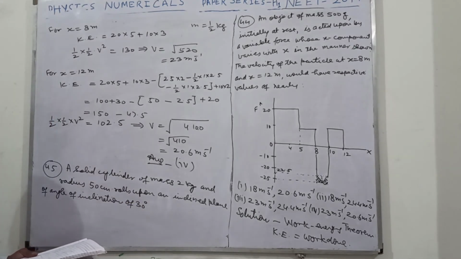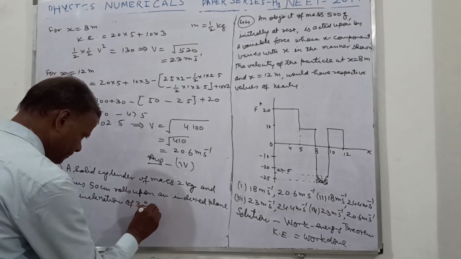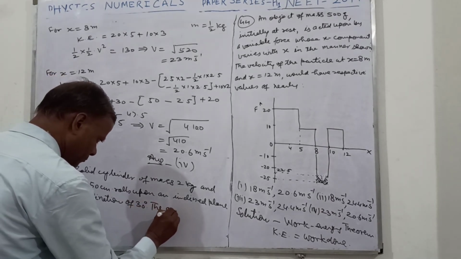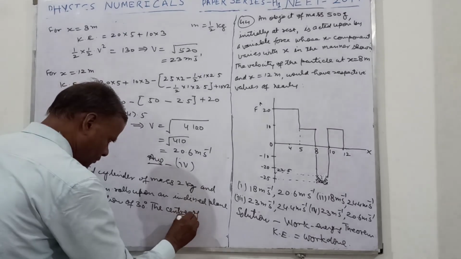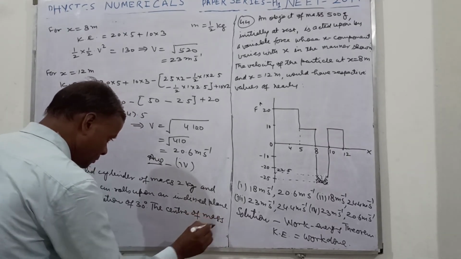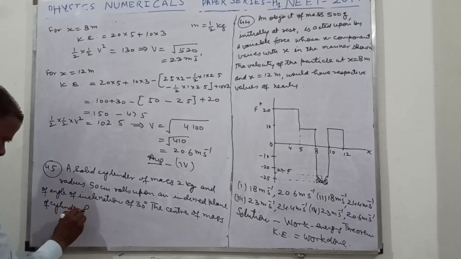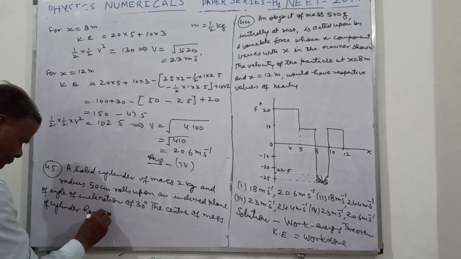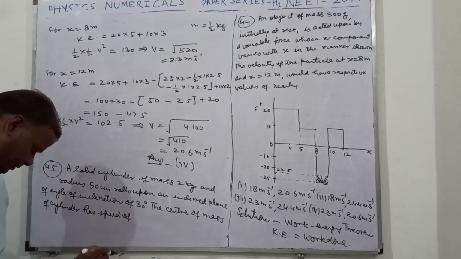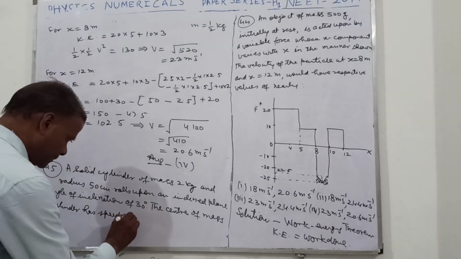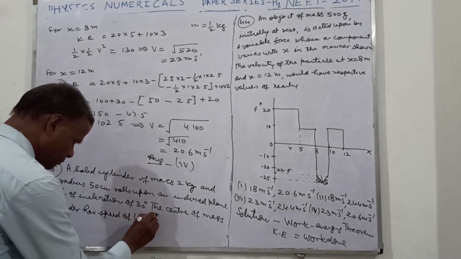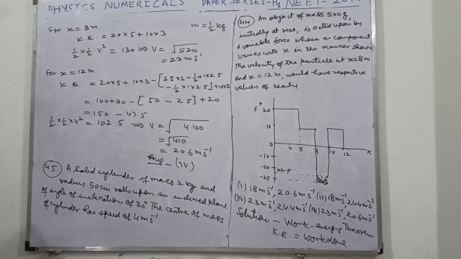The center of mass of the cylinder has a speed of 4 meter per second.